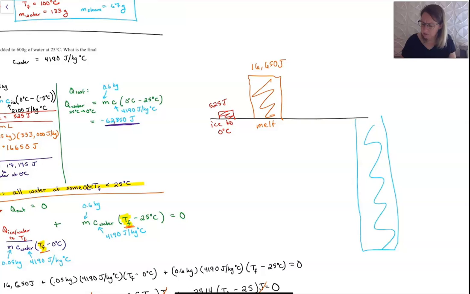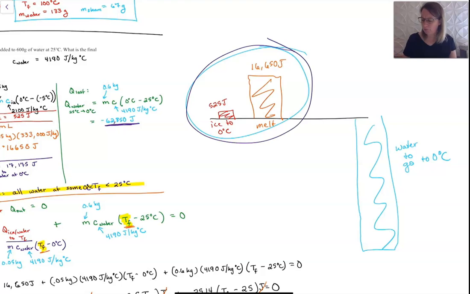This would be available from water to go all the way to 0 C. But we're at a point where water doesn't get all the way to 0 C because these two don't take up all of this. These two, I'll make that purple, take up only a portion of that. What that tells us is that our temperature is going to be somewhere in between.